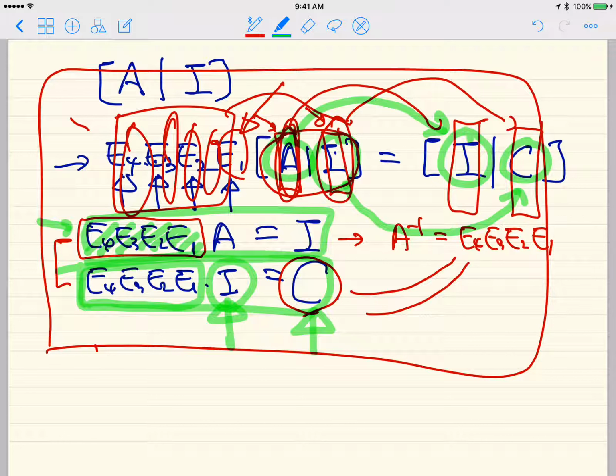So C will be exactly the same as all the multiplications of your row reductions from E1 through E4. From the first equation, we know E4 through E1 is your inverse matrix, and that will become your C, right? So that's why we obtain the inverse matrix of A in the place of C. Okay, so that was what we studied last time.